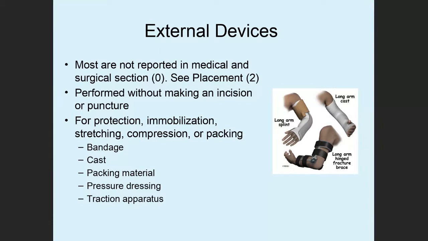These are for protection, immobilization, stretching, compression, or packing. Examples are bandages, casts, packing material, pressure dressing, and traction device apparatus. Note that for a fracture, the external fixation device or internal fixation device is from the medical and surgical section, but the cast itself is for the placement section. And here's some examples of types of casts.